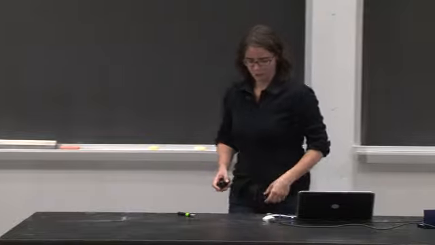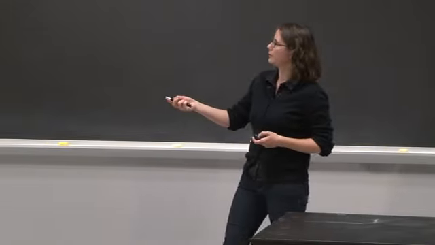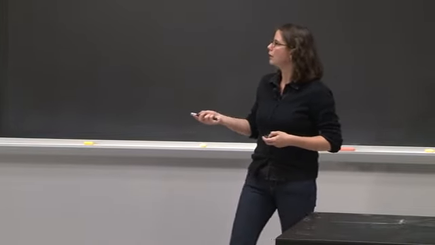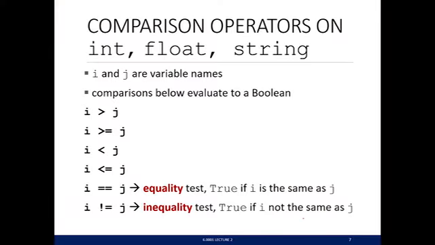Okay. So just like in math, we can do these usual comparisons. We can say if something's greater than something, greater or equal to, less than or equal to. I'd like to bring to your attention the equality. So the single equal sign is an assignment. So you're taking a value and you're assigning it to a variable. But when you're doing the double equal sign, this is the test for equality. Is the value of variable i the same as the value of the variable j?